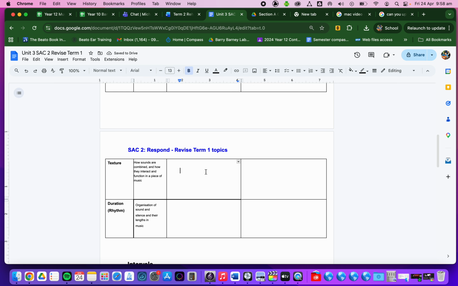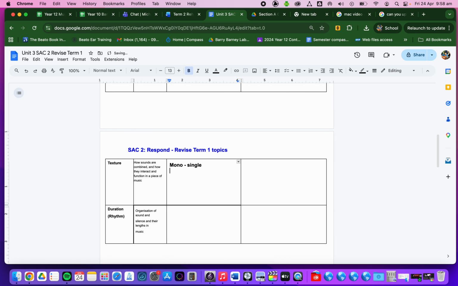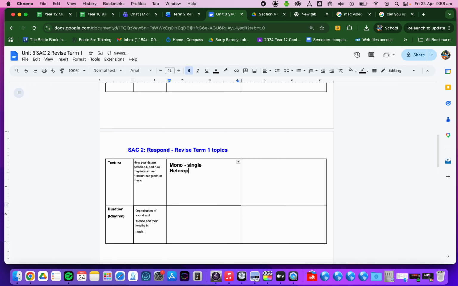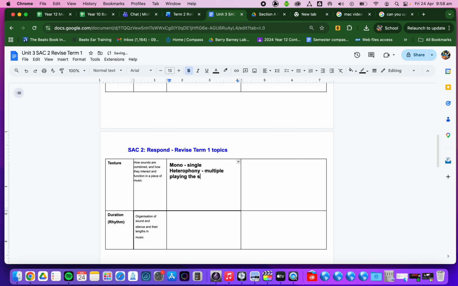Okay, texture. Texture is how sounds are combined and how they interact. Okay, so monophony is a single instrument. Heterophony is multiple instruments playing the same thing.